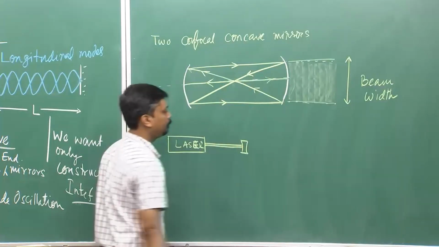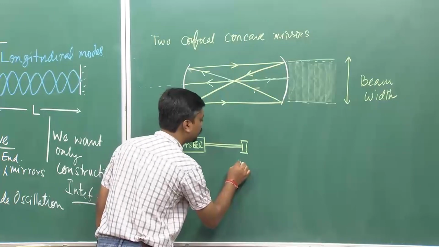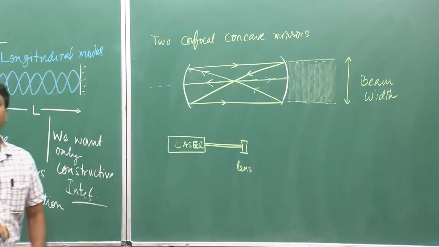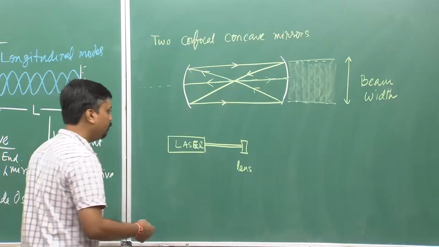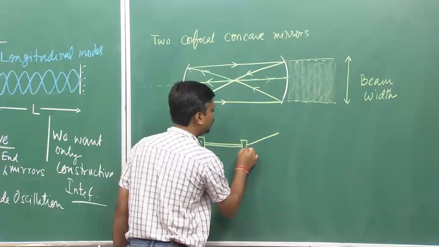and suppose I expand this beam, okay, by a lens. What kind of lens I will use to diverge the beam? I will use a biconcave lens. So, this will expand the beam, right? This will diverge.